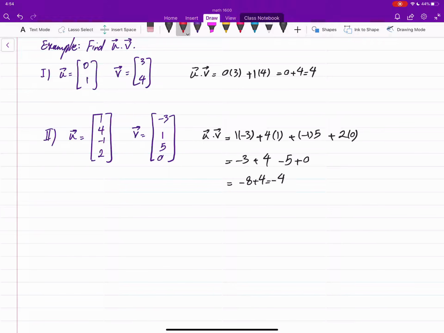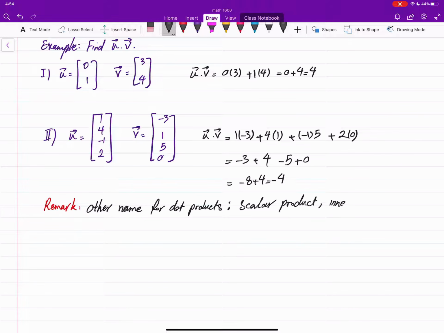Let me put a remark here. There are other names for dot product. People will sometimes call it scalar product, because the result is a scalar, and sometimes people call it inner product.